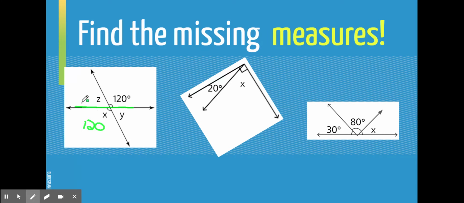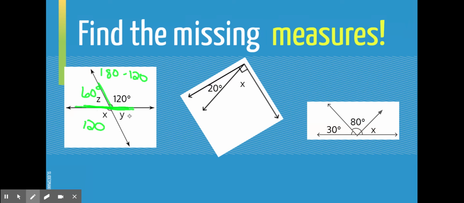Look at this right here. Do you see the straight line? That's a straight line, and the angles that make up a straight line are supplementary. They add up to 180. So if this one is 120 degrees, I'm going to do 180 minus 120, and Z has to be 60 degrees, right? Because these two have to add up to 180.